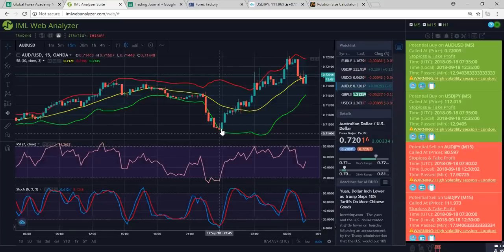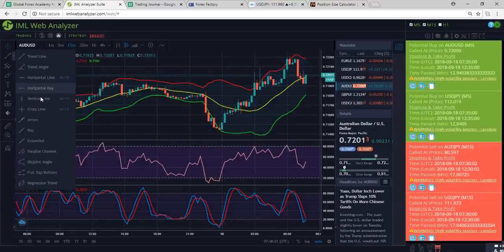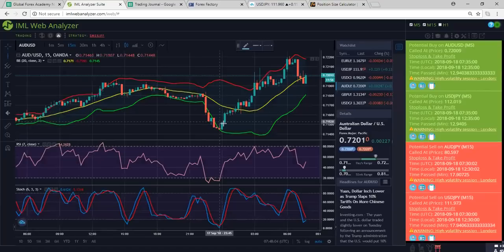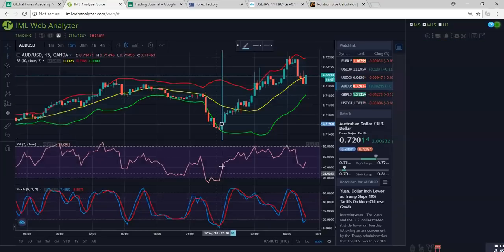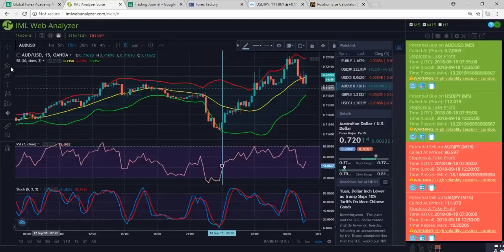So had you entered this trade right here, let me go ahead and drop a vertical line here. So this would have been your entry. Let me point this out. So this would have been your entry here. So again, price closed outside of the band.